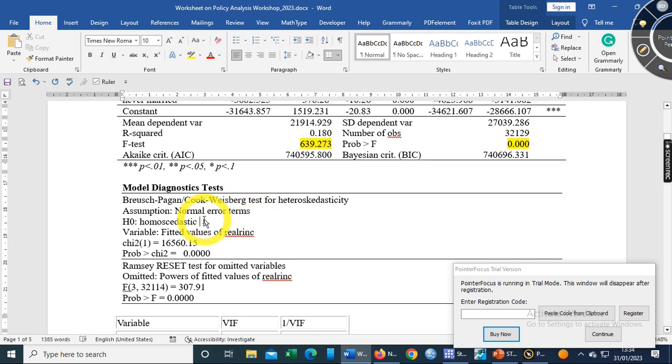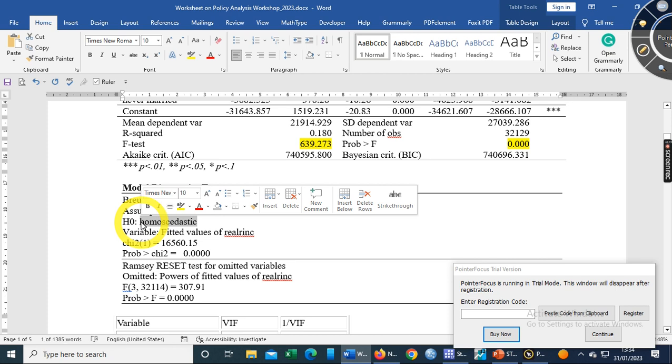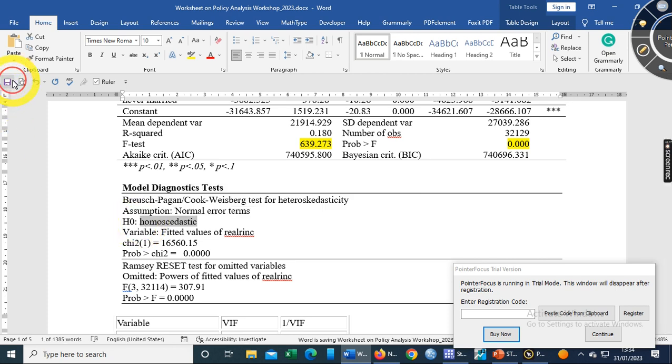Homoscedastic means it has a constant variance.